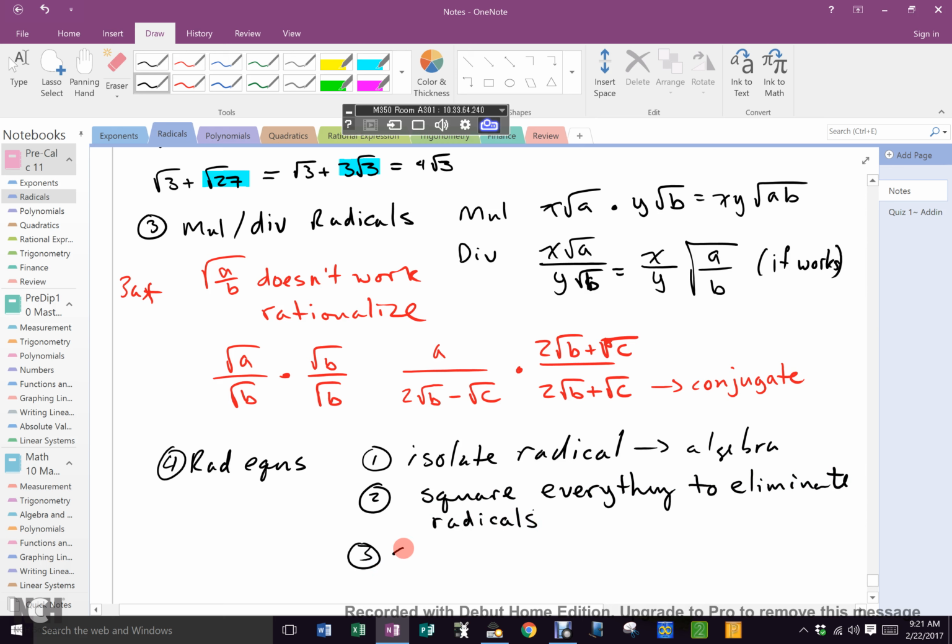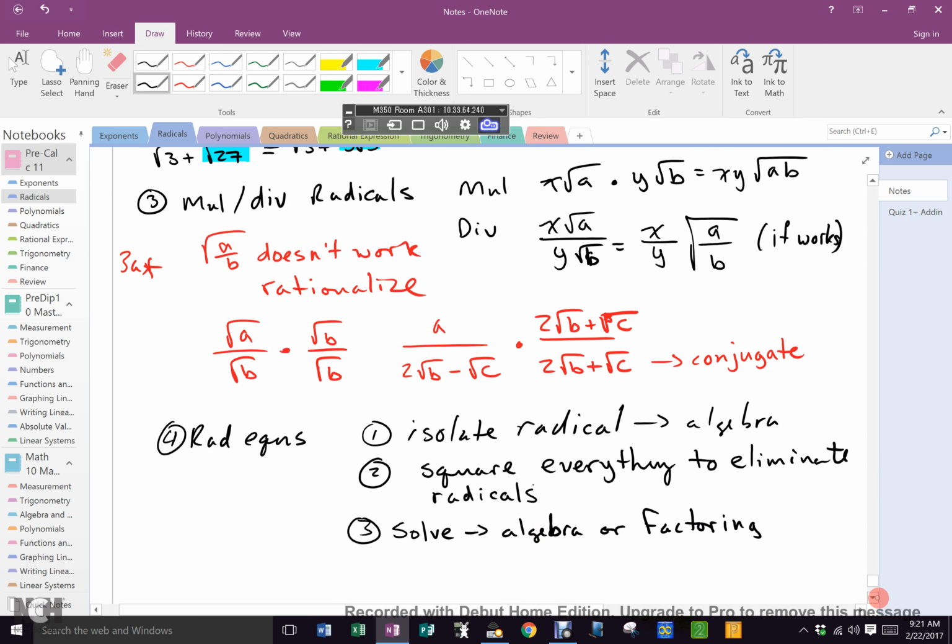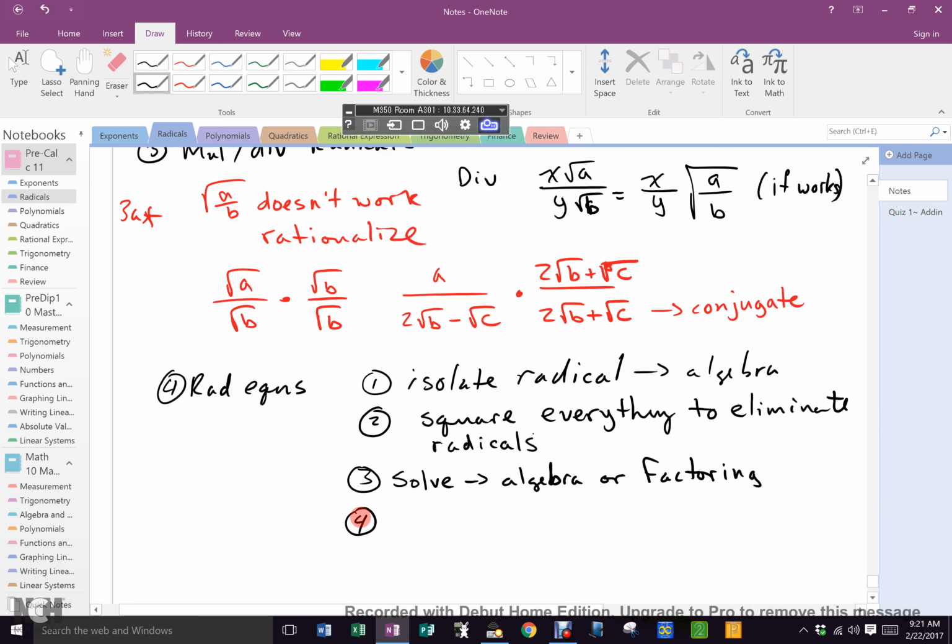Step 3, solve. And you solve with either algebra or factoring. And what's the last step? Check for, I don't think I ever told you this word, check for extraneous. Did I ever use that word? I did?